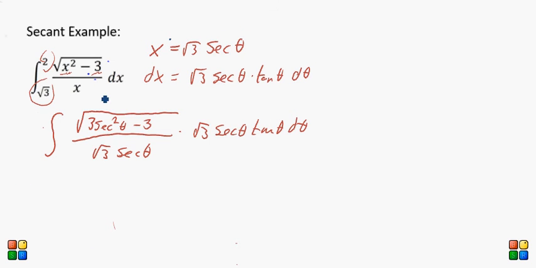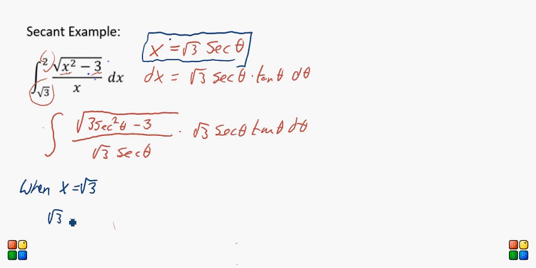Let's do the lower limit first. When x equals square root of 3, we want to know what theta equals. Well, let's look at the definition we had for x. If x is square root of 3, that becomes square root of 3 equals square root of 3 secant theta. So we get 1 equals the secant of theta. And we want to remember that secant of theta is 1 over cosine.